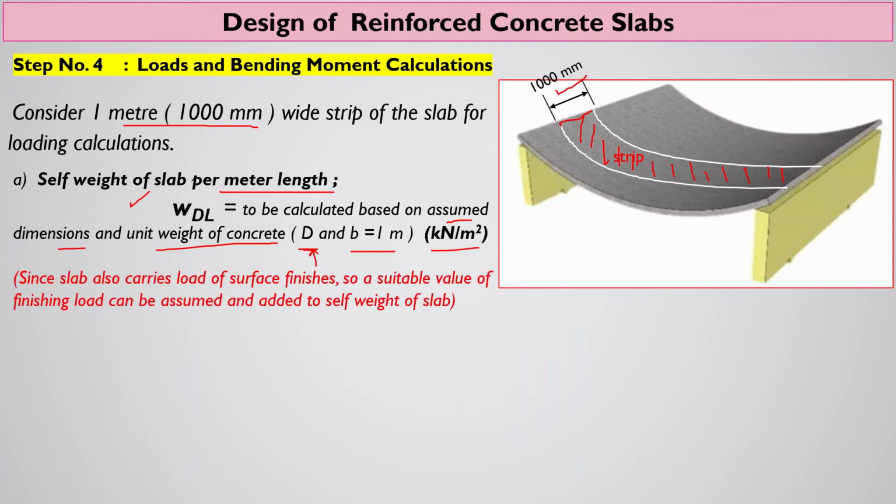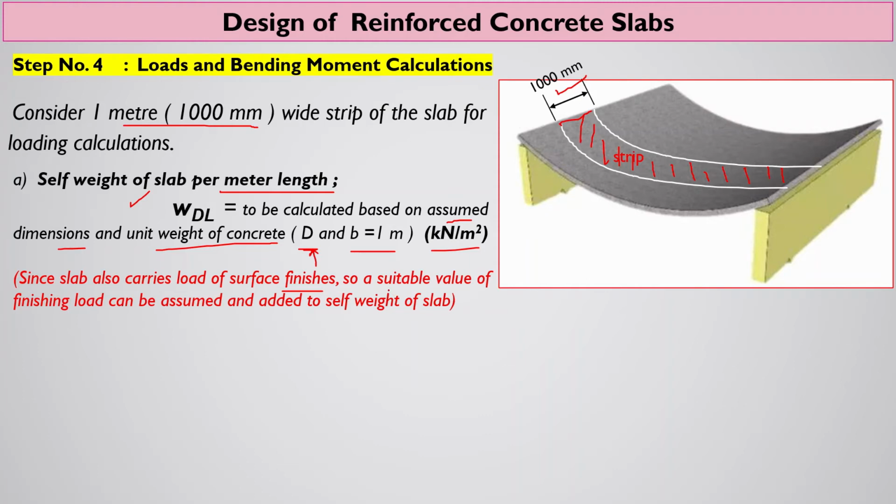Since slab carries load of surface finishes, in case of beam many times we need not provide any surface finishes, but in case of slab you have to provide surface finishes, because the slab is considered as a roof or floor. So that means floor finishes we have to provide, maybe in the form of tiles or any other type as per your requirement.